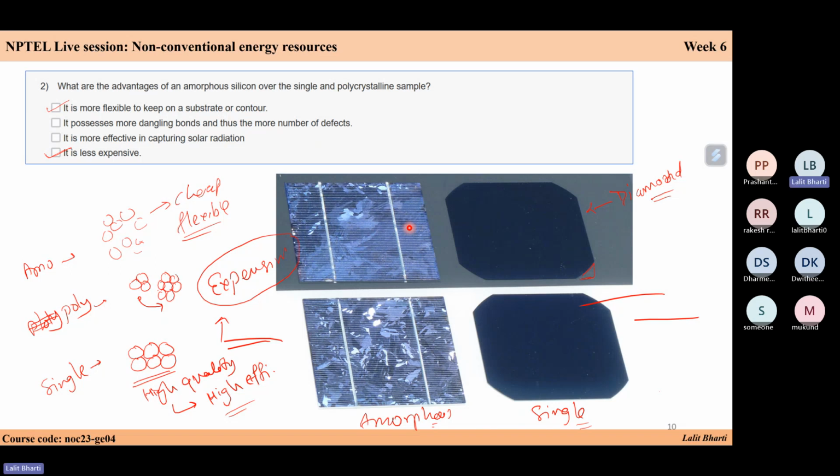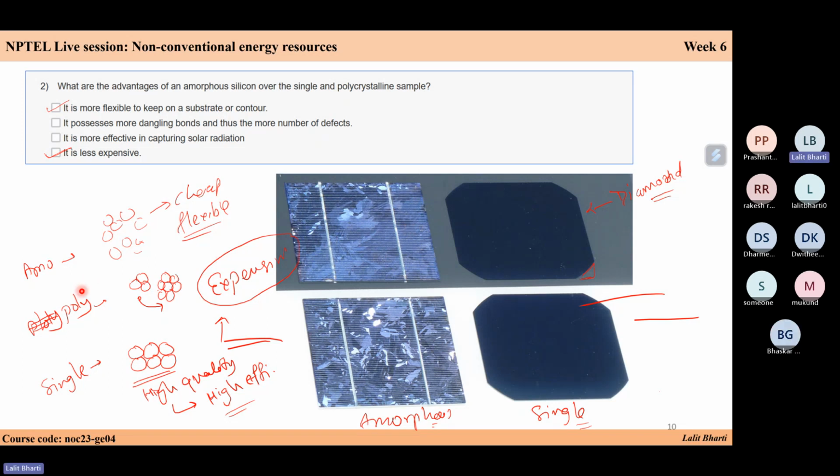So we have already seen what is amorphous, what is single crystalline, what is polycrystalline. Simply, for amorphous, your crystalline size is not very well defined, or very small, or you can say there is no long range ordering.